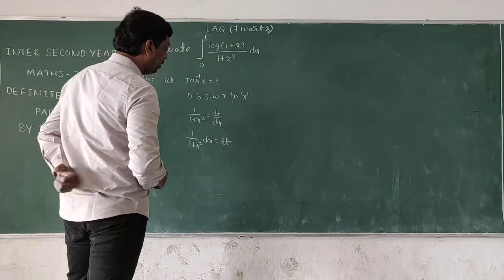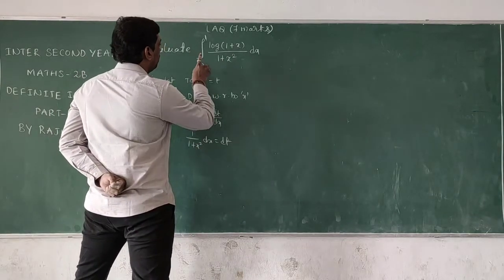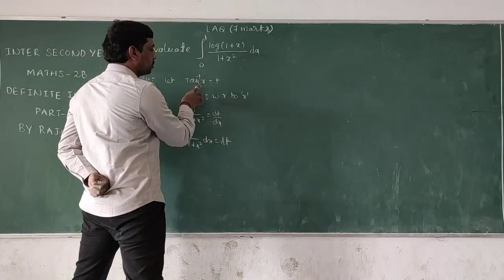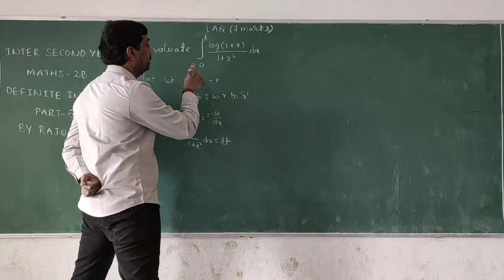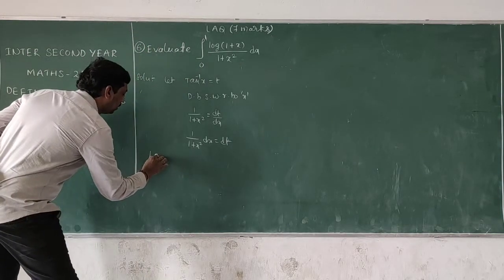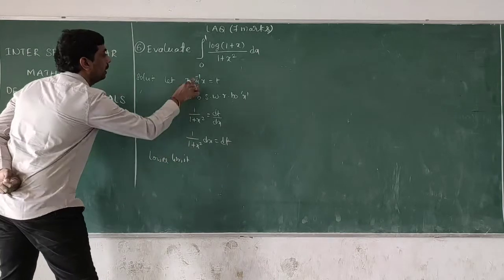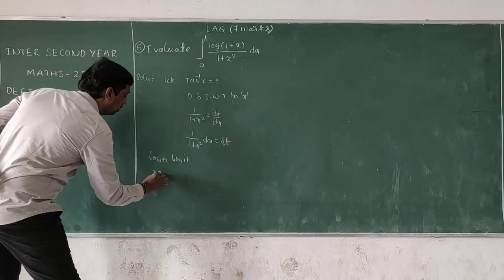Now change the limits also, because of the substitution method. Both the lower limit and the upper limit are changed. First the lower limit: x equal to 0.